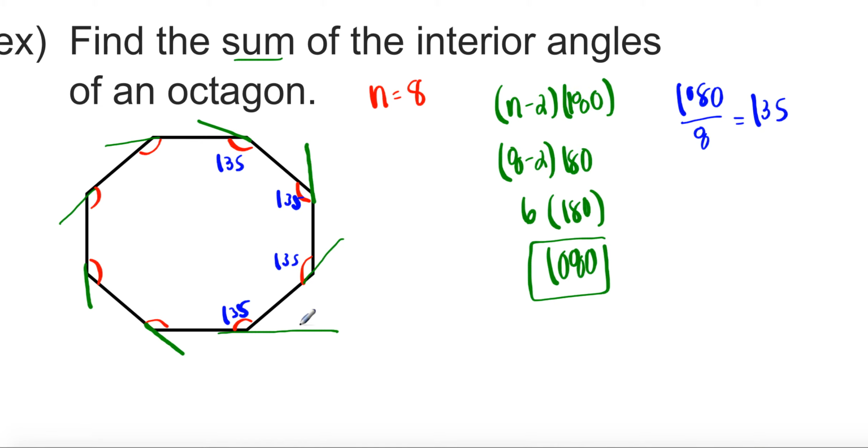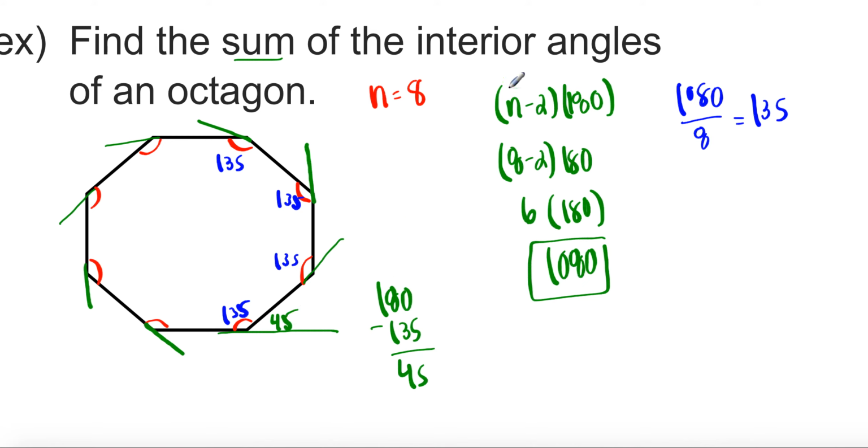So you extend those sides, and you just want to go one direction, either clockwise or counterclockwise, but you get the idea. And if they're supplementary, I just need to say 180 minus 135, and then I can get an exterior angle of 45 degrees.